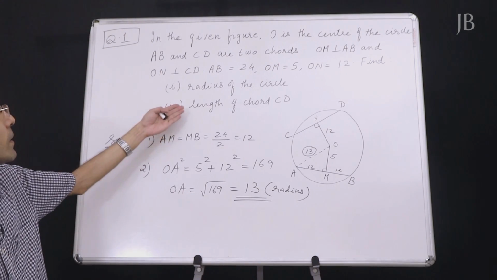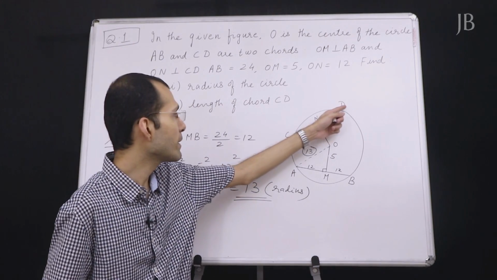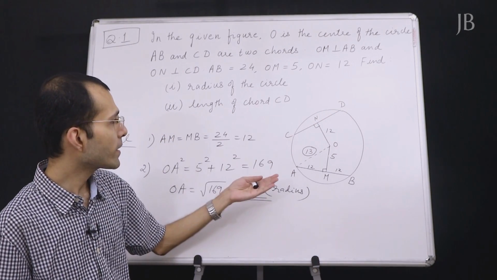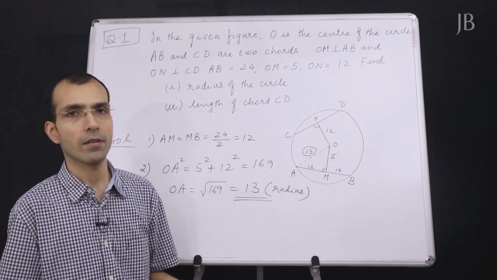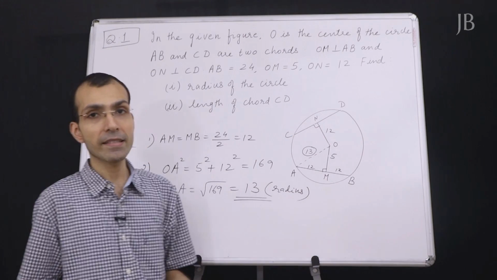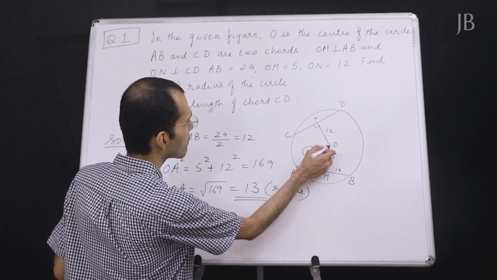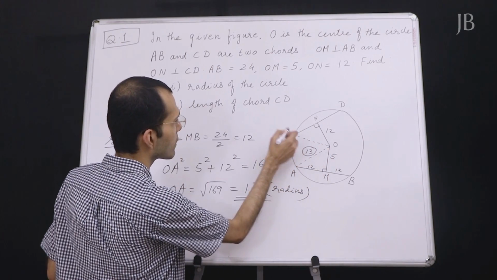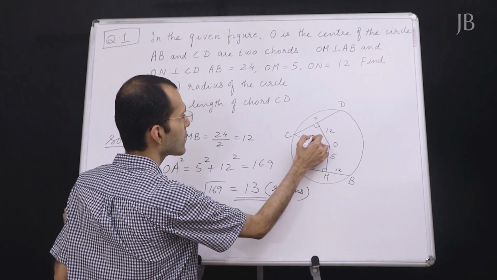Now what is remaining? Length of chord CD. CD we want length. And what data do we have on this side? Only this, ON is 12. With this, can we directly find CD? No. So what we do? We join OC. Once you join OC, how much would be OC? 13.